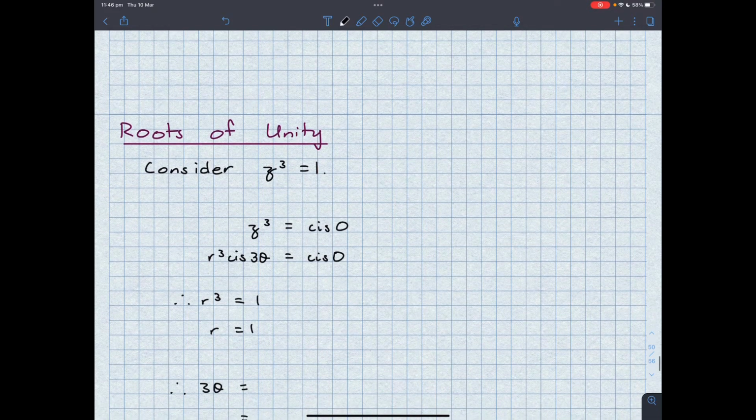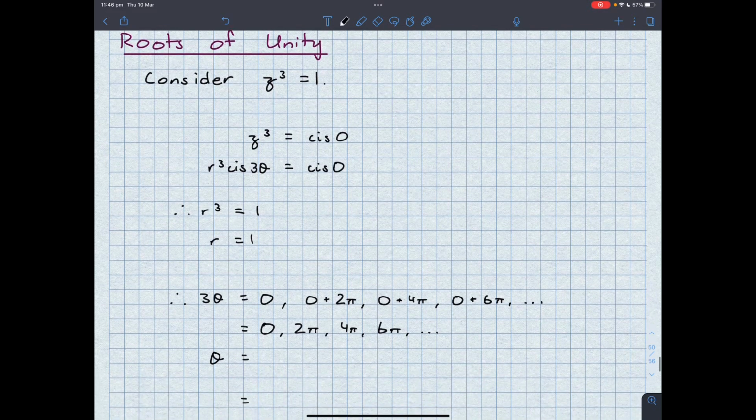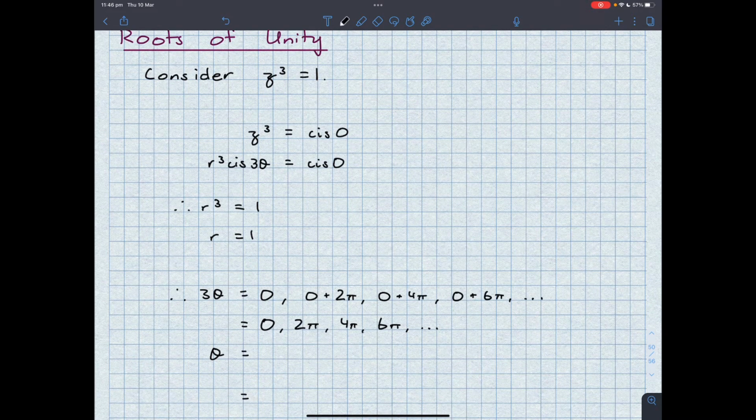Okay, then we'll look at the argument. 3 theta is equal to 0. And then we can just add on 2 pi, 4 pi, 6 pi, as many as you like. You can probably leave out that top line. And then I know that eventually I'm going to get some repetition when I change these to principal arguments. So I'll start by dividing them all by 3.